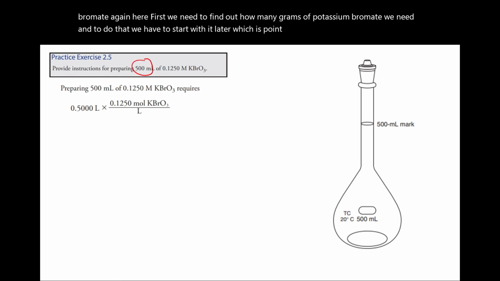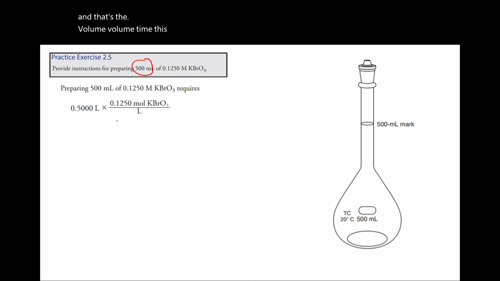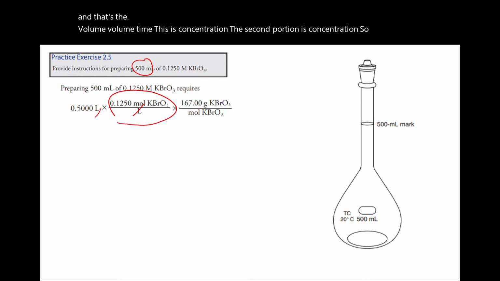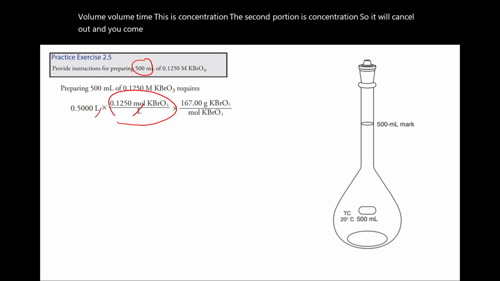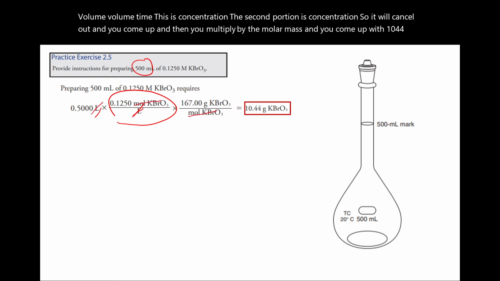Again, this has been converted to liters, and that's the volume times the concentration. The second portion is concentration, so liter will cancel out, and then you multiply by the molar mass, and you come up with 10.44 grams of potassium bromate.